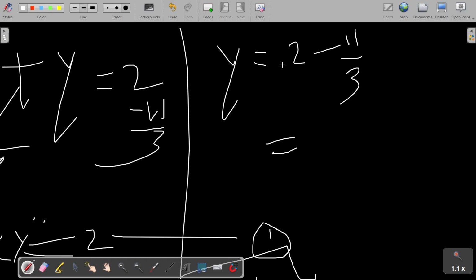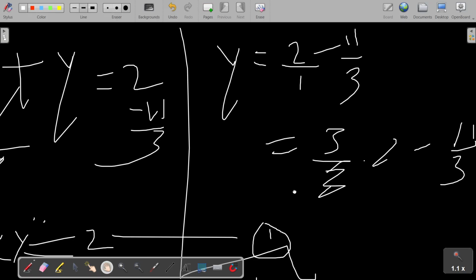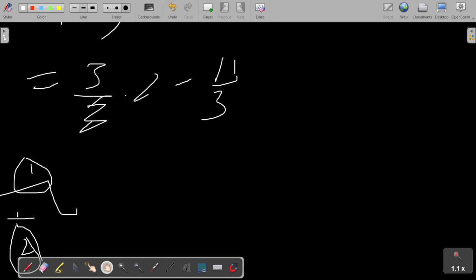So here the denominator is 1. What I'm going to do is multiply and divide 2 by 3, so it becomes 2 plus 11 over 3. So the denominators become equal, and now we can simply add or subtract.